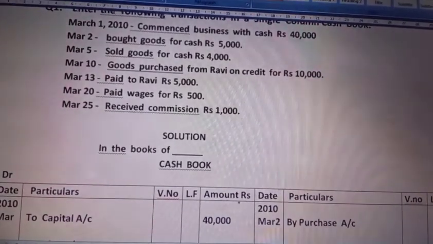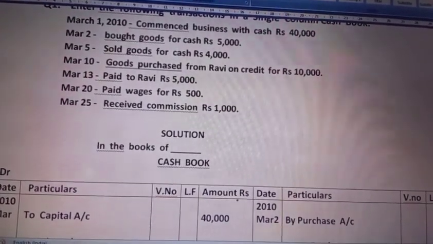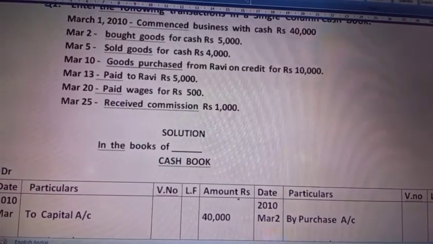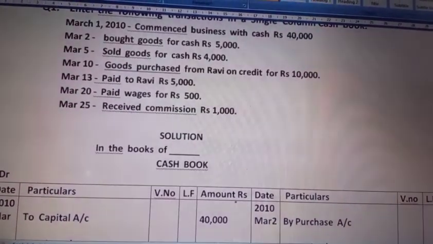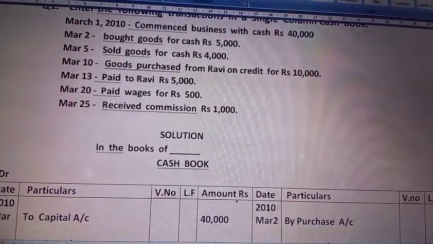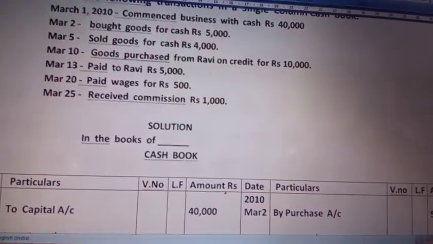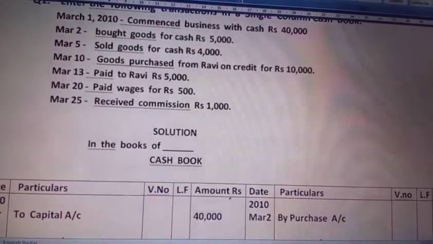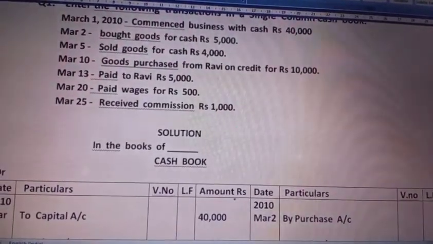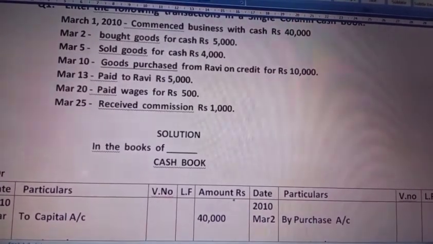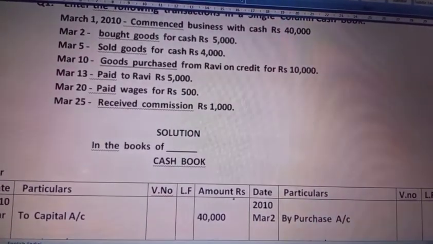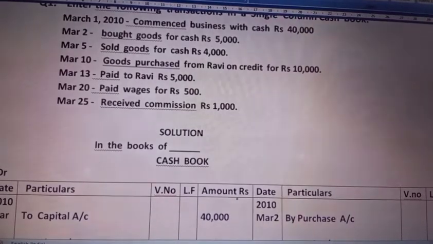But since it is mentioned that it is bought goods for cash, it is very clearly understood that it is a cash transaction. So in the credit side we write by purchase, because here we are spending cash, so it is decreasing the amount, so by purchase account, and the value will be 5,000.